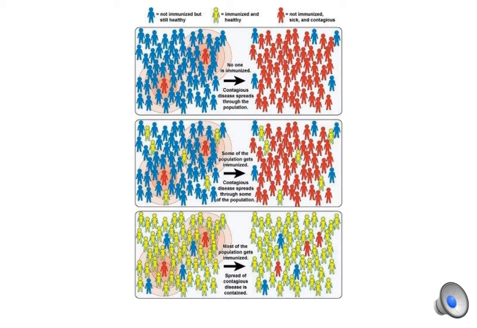In the middle scenario, there are a few people that are immune because they've had the infection before, and a couple of sick individuals, and again, a large proportion of the population becomes infected because of that. In the final scenario, there are a lot of people that are immune, so the probability of one of those people coming in contact with somebody who is not immune is much reduced, and therefore the population is by and large protected from that infection.